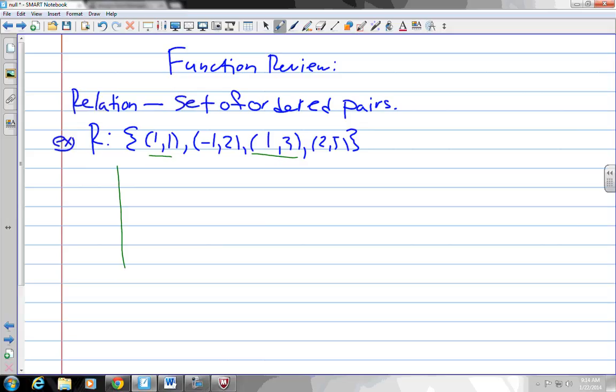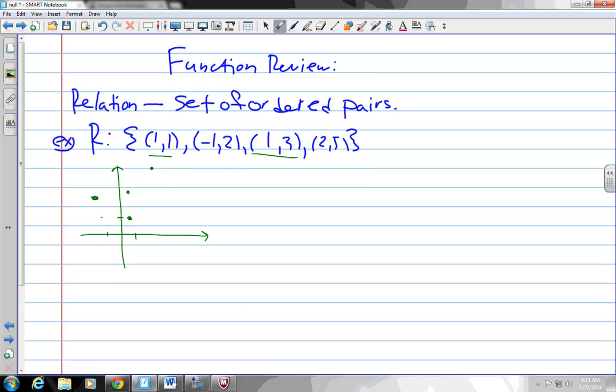If I actually plot this relation, it has only 4 points, so (1, 1), (-1, 2), (1, 3). Well, my scale is way off. And (2, 5), something like that, right?